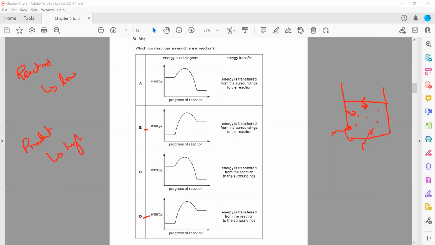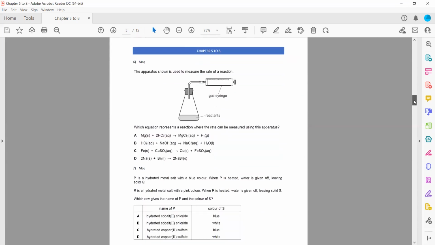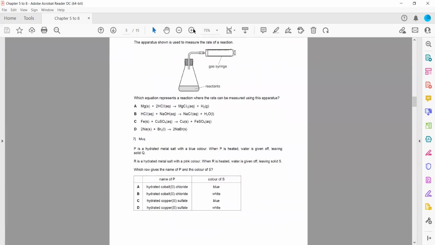So what is the energy transfer for endothermic reactions? The energy transfer is from the surrounding to the reaction. So B is the correct option. If it was an exothermic reaction, energy is transferred to the surrounding. But if it's an endothermic, energy transfers from the surrounding to the reaction mixture.